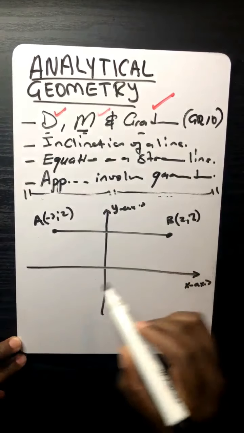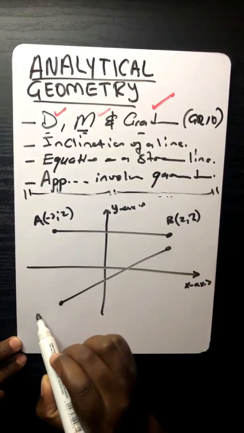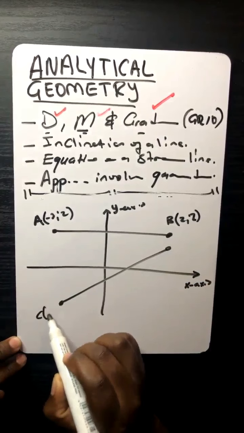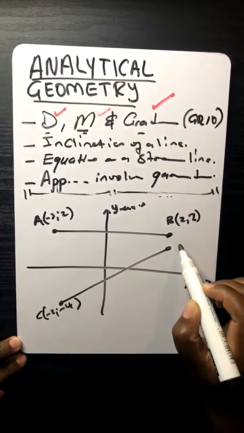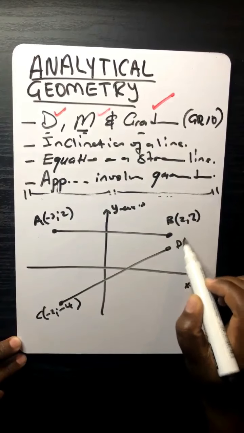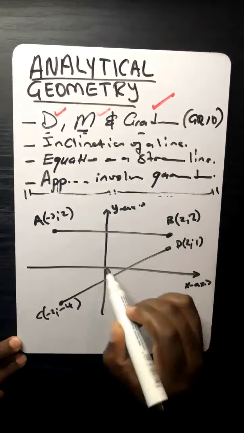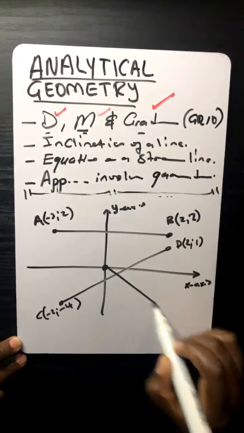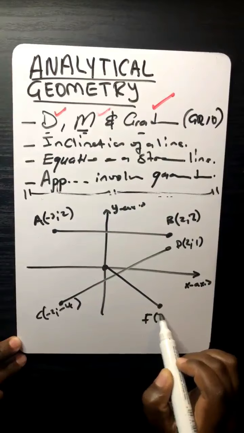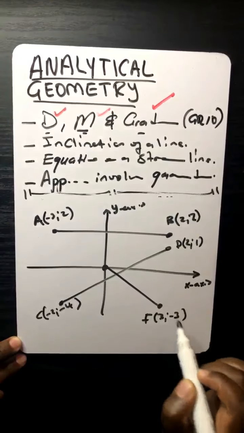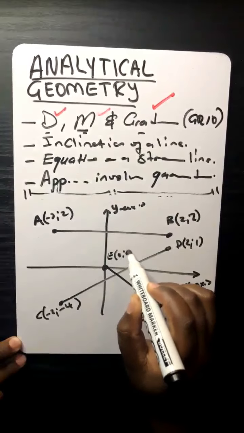And again, maybe I drew that line there to say we've got C, it has a point -2, -4, and again we have got D over there, which is 2 and 1. Then I have another one from there up to there, and this is point F being 3 and -3. Then we have E, which is 0 and 0.